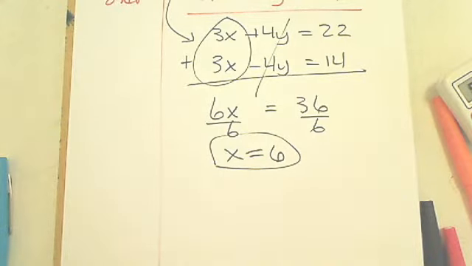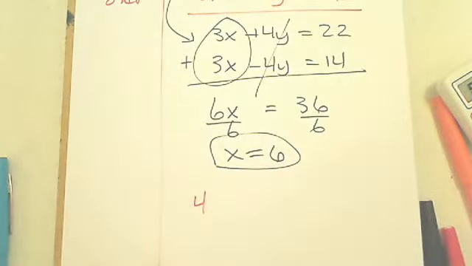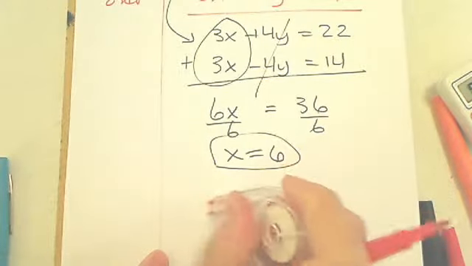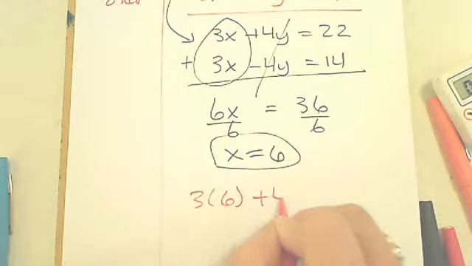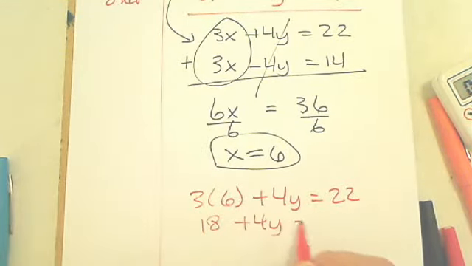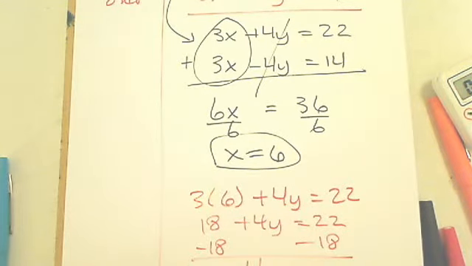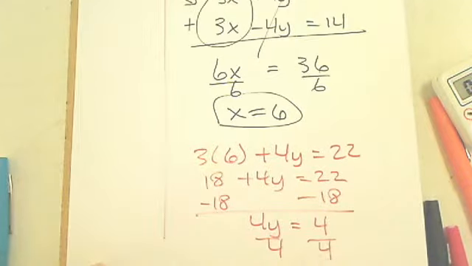You make your own choices. First one, okay. 3 times 6 plus 4y equals 22. 18 plus 4y equals 22. Subtract 18. 4y equals 4. Divide by 4. y is 1.